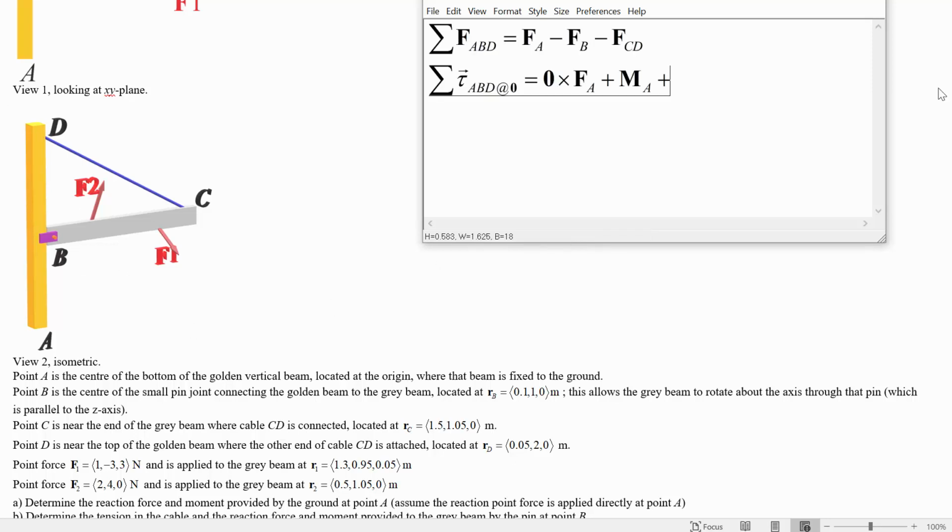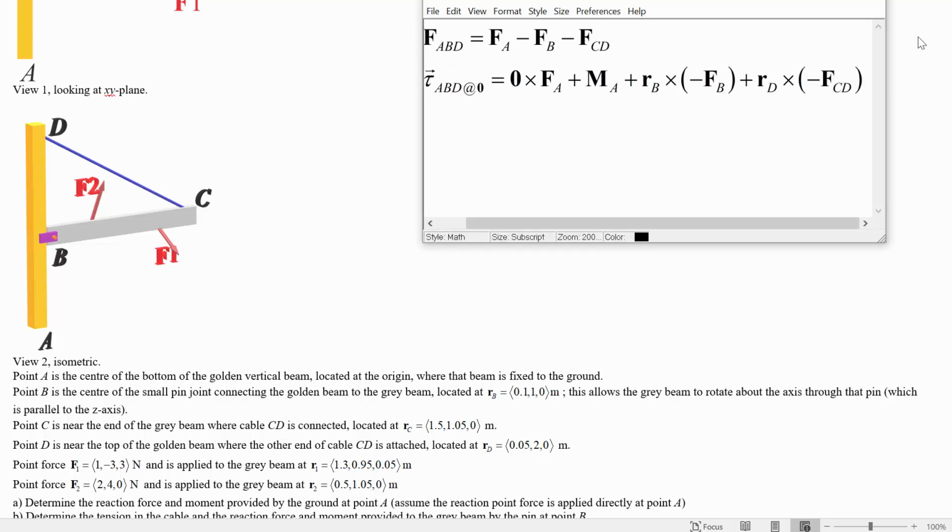So that'll be plus RB crossed with negative FB, RD crossed with negative FCD, because this is applied at that point D. Now FCD is along this line of action, so it actually should give us the same torque as if we were to cross not RD, but RC with that, because that's displaced along the line of action of the force.